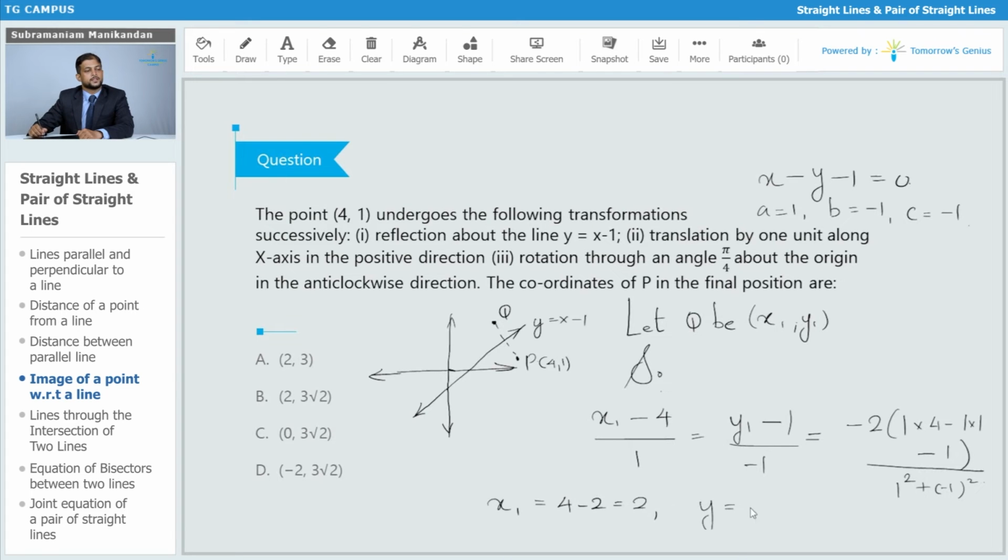Similarly, we will get y is equal to 1 plus 2. So that's equal to 3. So this is the point Q.